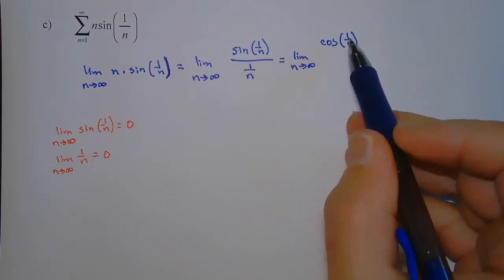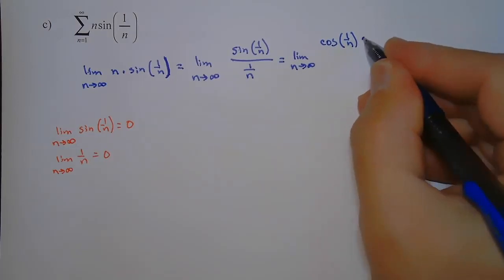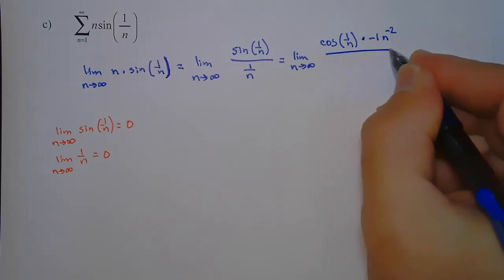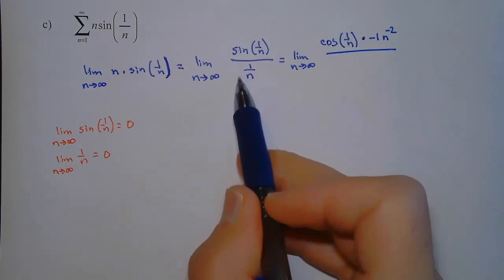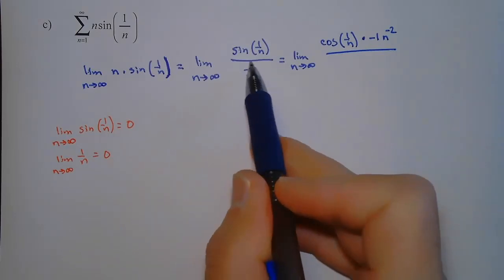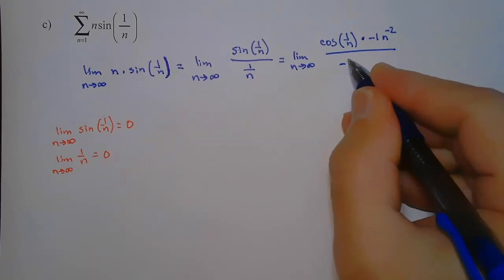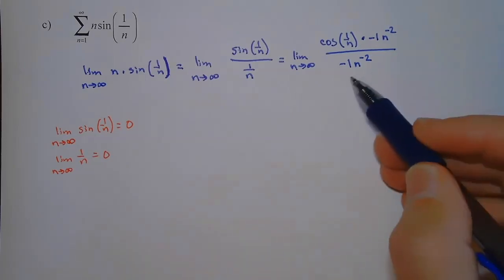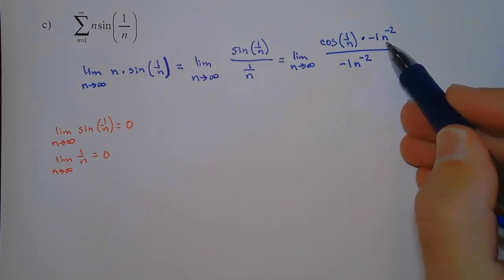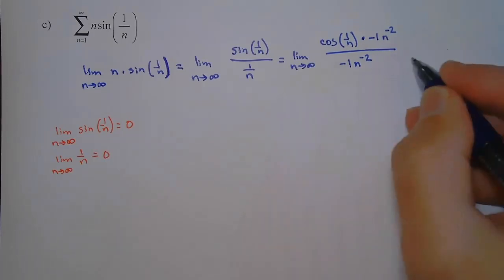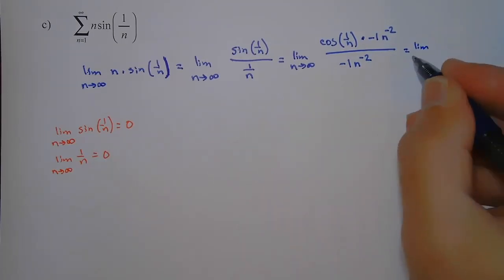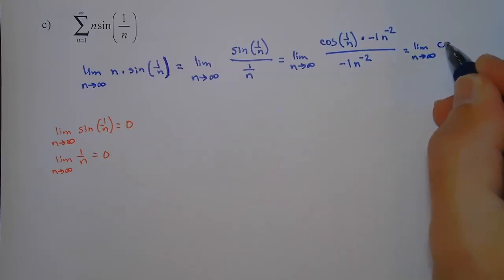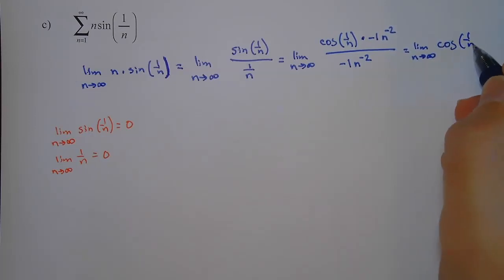That would be negative 1 n to the negative 2, over the derivative of 1 over n here, which is n to the negative 1, and its derivative is also negative 1 n to the negative 2. The negative 1 times n to the negative 2 cancel, and you are left with the limit as n goes to infinity of cosine of 1 over n.